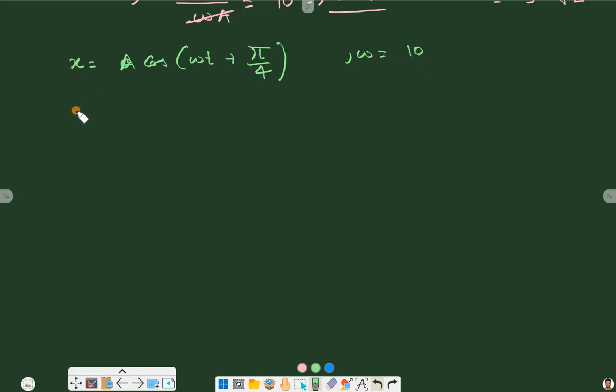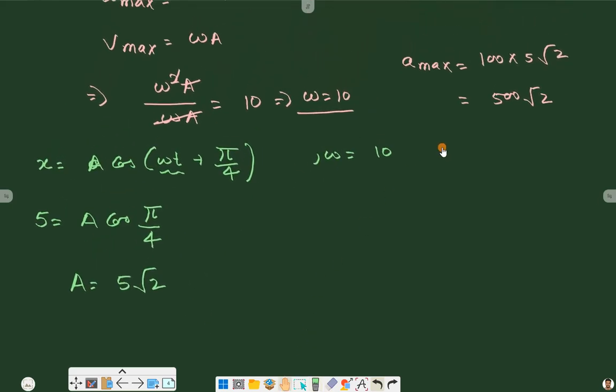So initial displacement 5 is equal to a cos, at time t equal to 0, this will reduce to 0 and we will get a cos pi by 4, and again cos pi by 4 is 1 by root 2. From this again amplitude will be 5 root 2.